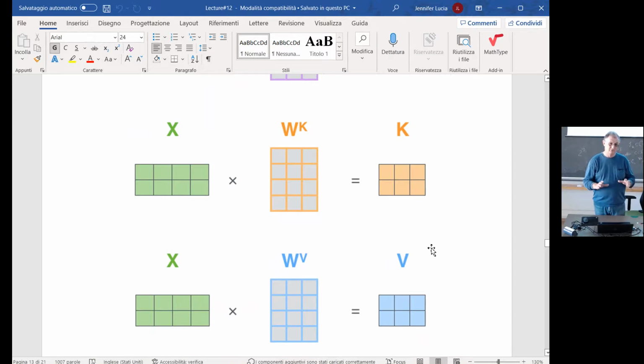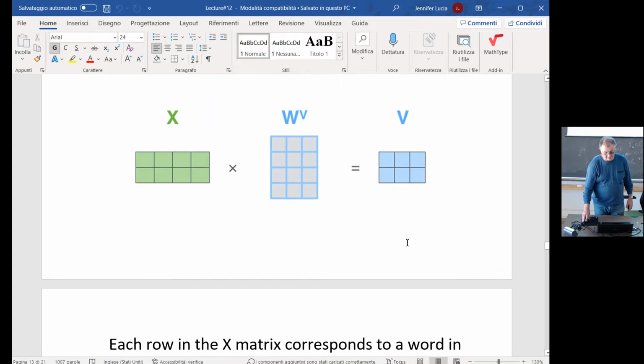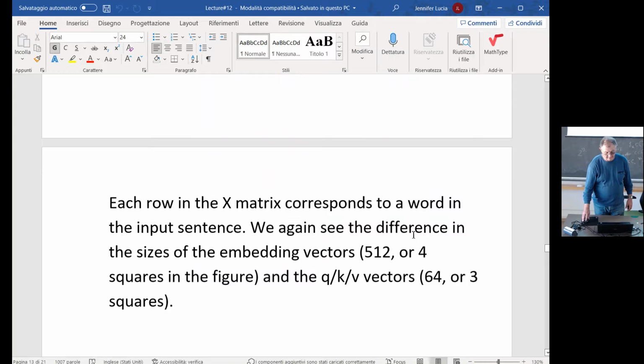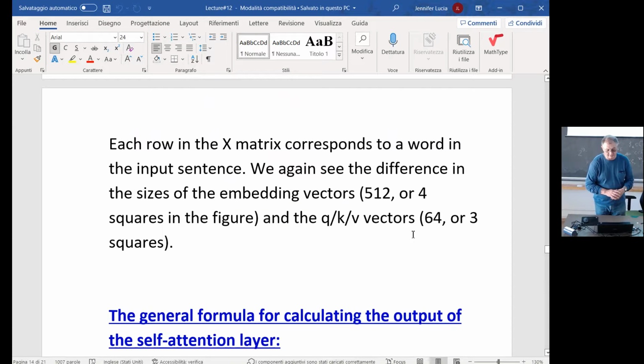But now we can do it in matrix form. Each row in the X matrix corresponds to a word in the input sentence.